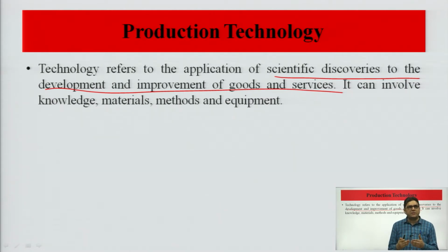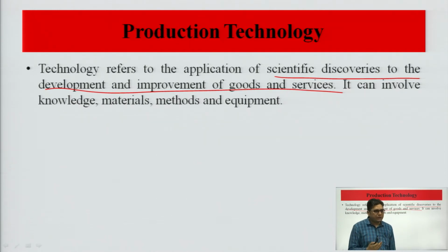Over a period of time, because of advancement in science, new technology is coming into existence, and if this advanced technology is applied in manufacturing or production, then the productivity of the organization is going to be highest.